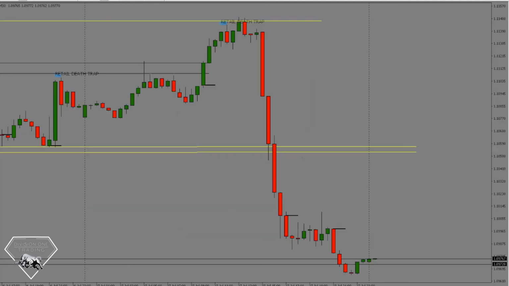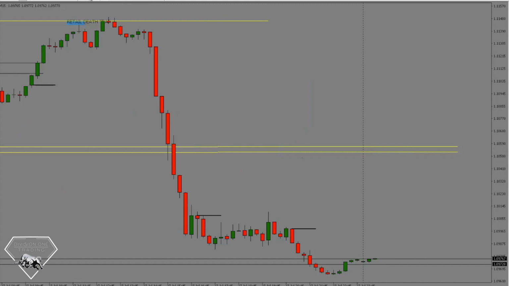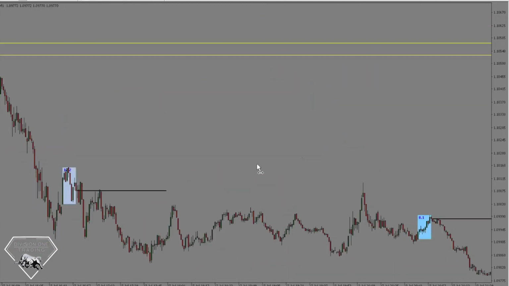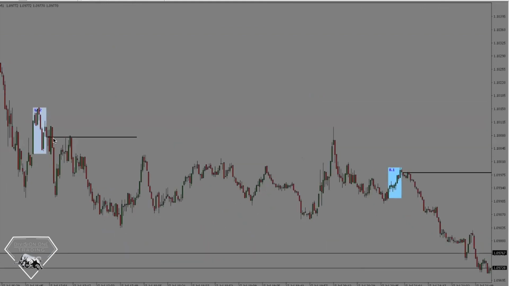Remember, that's a daily gap. And then look, right here, we have a daily gap. And look at our silver bullet. It trades down, gives us confirmation to sell toward the daily gap.